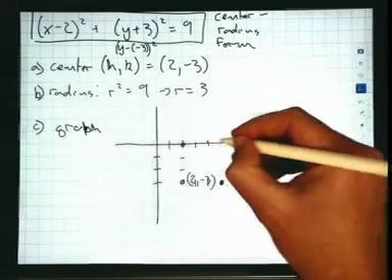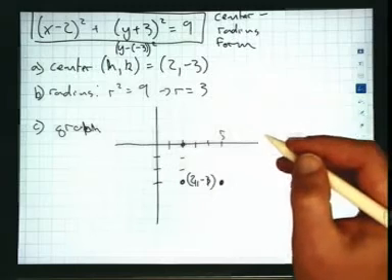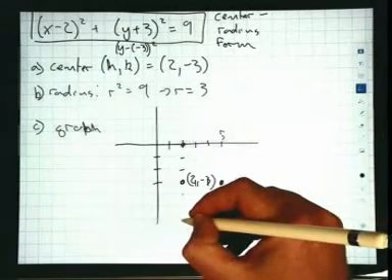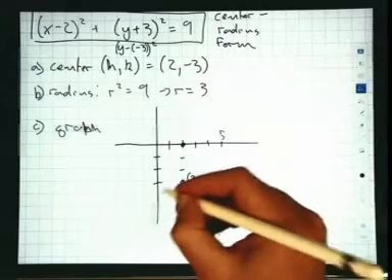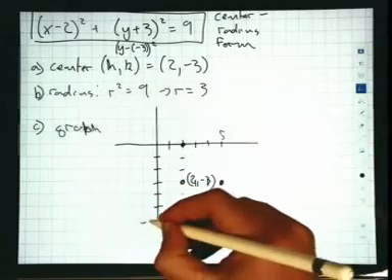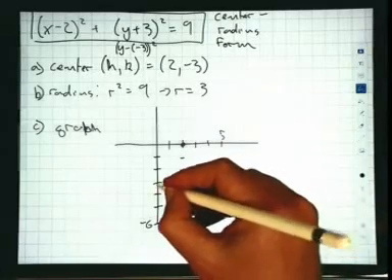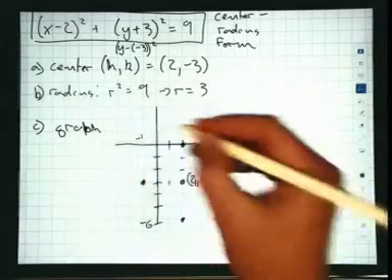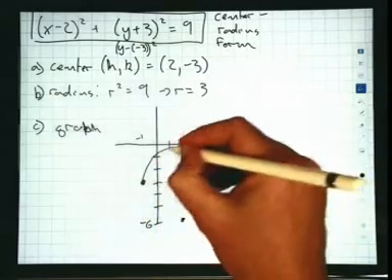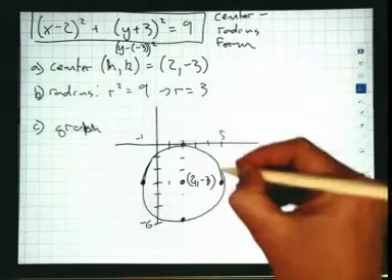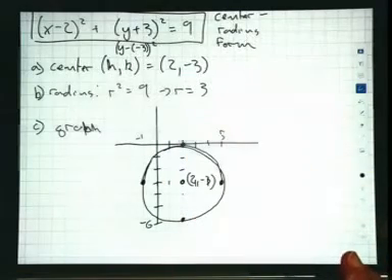So that's at 5. We're going to go down 3, 1, 2, 3. So we're now at negative 6. We're going to go to the left 3, 1, 2, 3. We're at negative 1. Draw our, it doesn't have to be perfect, but there's our circle.